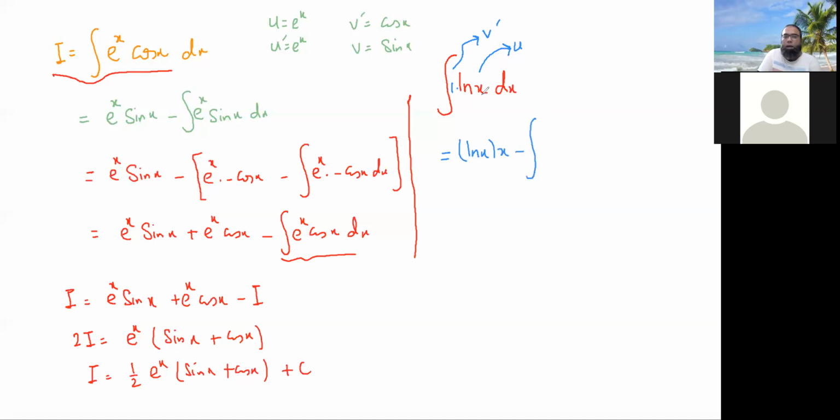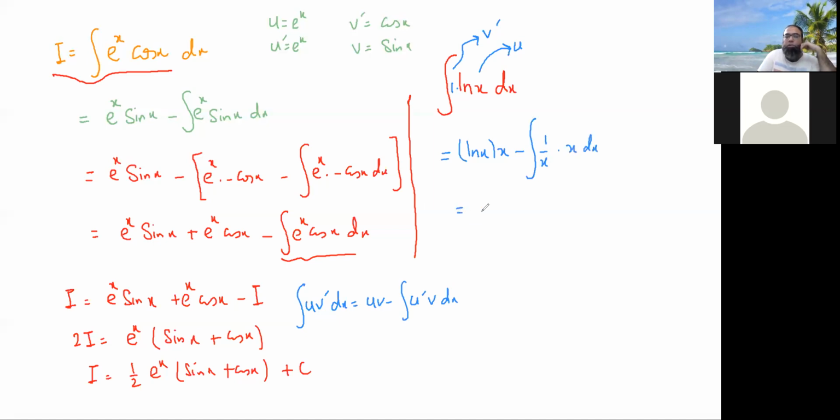Now, the derivative u dash, because you remember you should write this formula somewhere, the integral of uv dash is uv minus integral of u dash v. Just write this as many times as you can. So here it is u dash. So ln x derivative is going to be 1 over x, and 1's integral is going to be x.